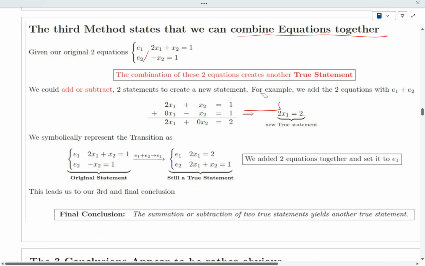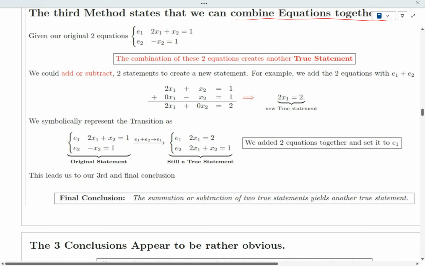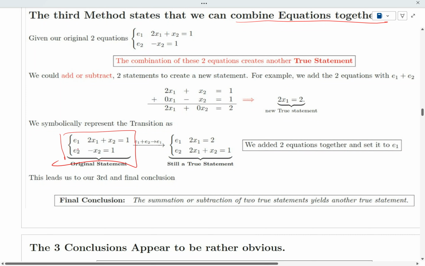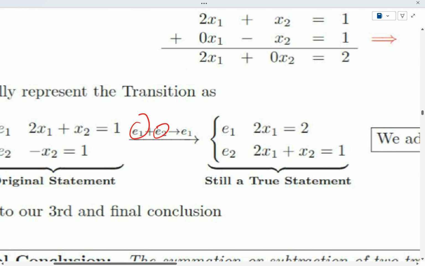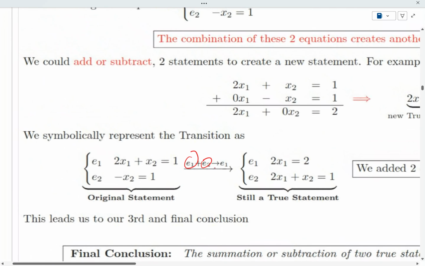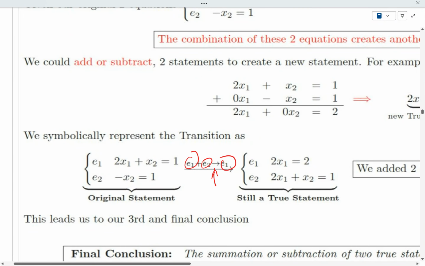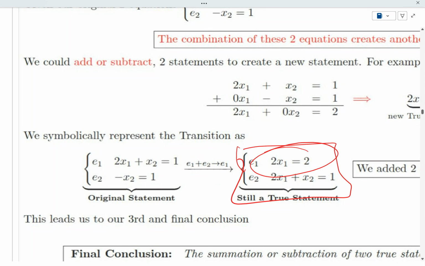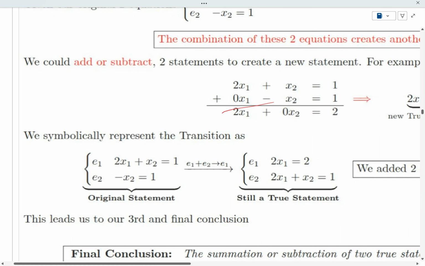Well, this transition can be written as, this is our original statement. And then if we were to add the first equation and the second equation, and set that to be our first equation again, we will get something that looks like this right here. So notice how the combination became the first equation, like such.